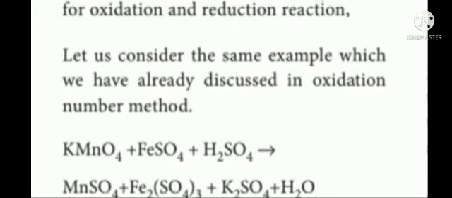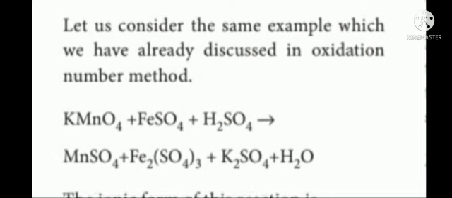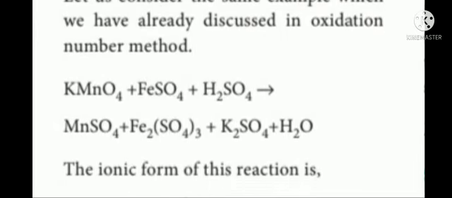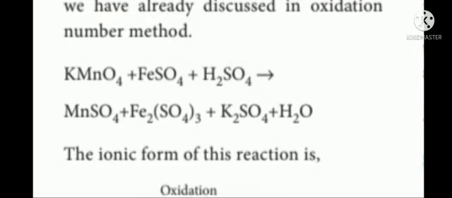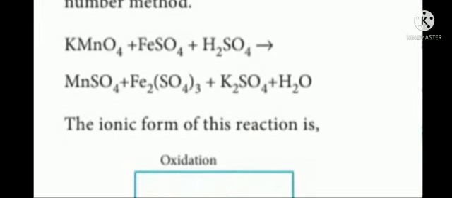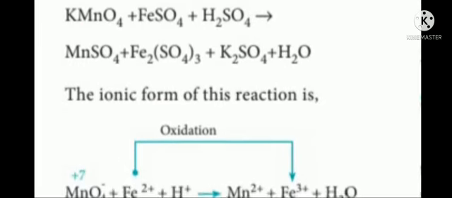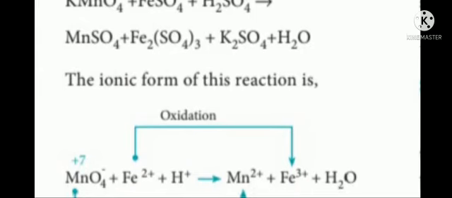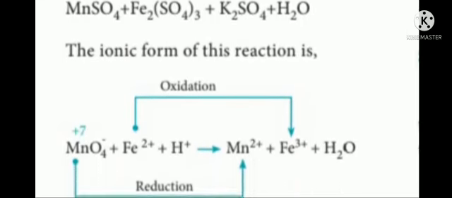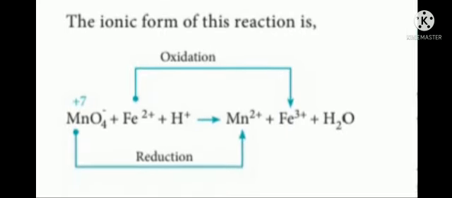Now, let us consider the same example which we have already discussed in the oxidation number method for balancing the equation of redox reactions. The chemical equation is KMnO4 plus FeSO4 plus H2SO4, which gives MnSO4 plus Fe2(SO4)3 plus K2SO4 plus H2O.